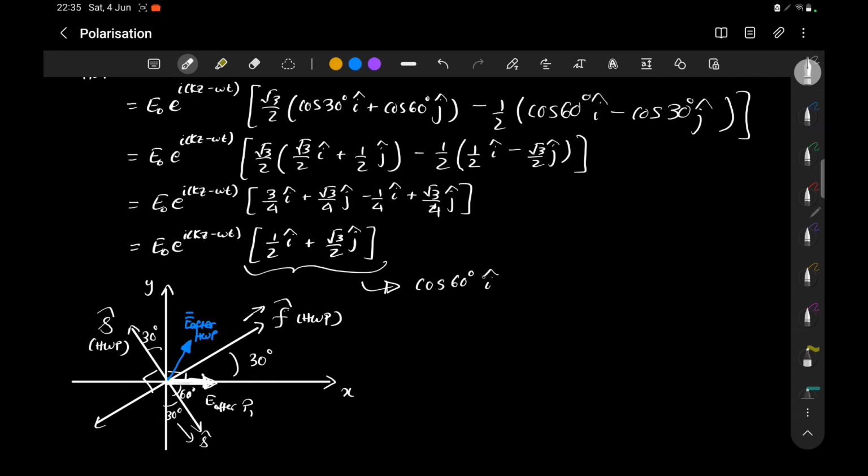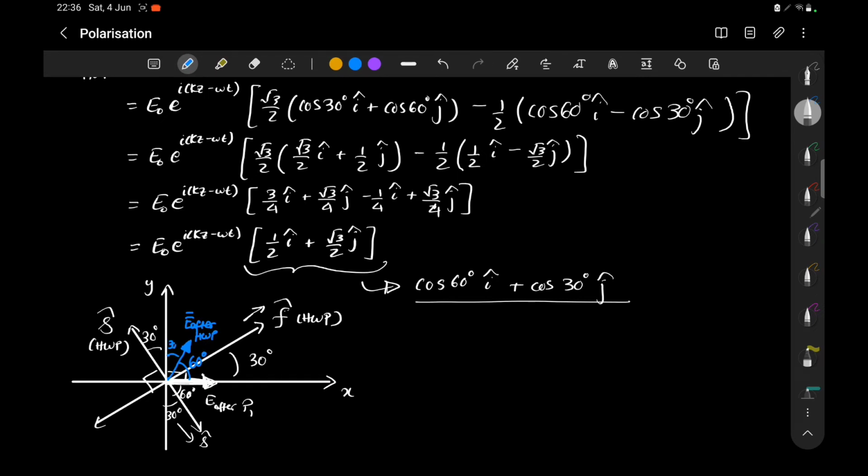Cos 60 degrees is 1/2, so this is this term. This angle right here, let me draw it in this color so that it's clear which angle I'm talking about, is 60 degrees, and this angle then would be 30 degrees.